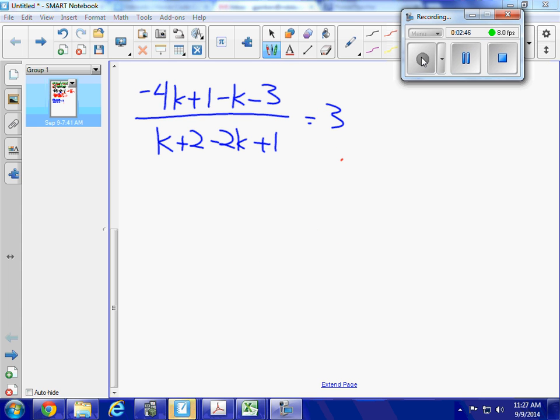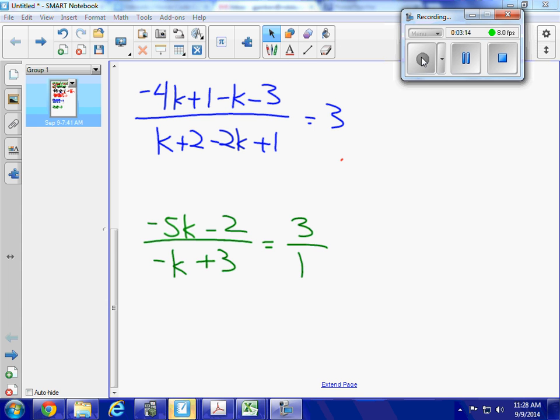Simplify a little more. Negative 4k and negative k is negative 5k. 1 minus 3 is minus 2. Divided by, well, I have k minus 2k, that would be negative k, and 2 plus 1 is 3, and that is equal to 3, or I'm going to say 3 over 1, just to make it more visible how I'm cross-multiplying.